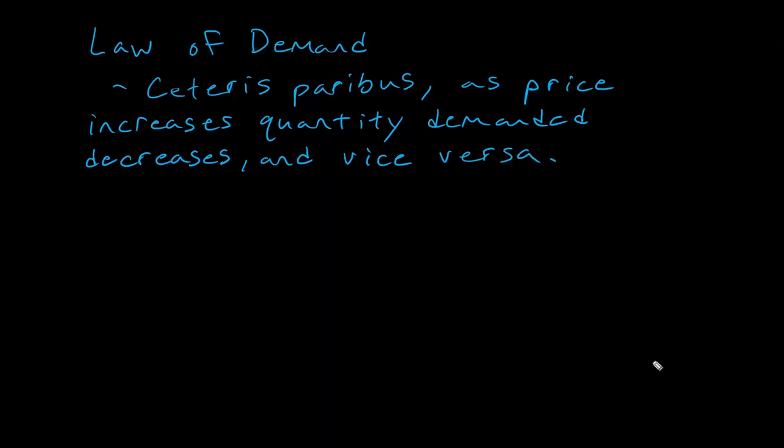And we can kind of write this out. The law of demand, instead of putting it in words, we would put it in symbols, right? We could say price, that's what the P stands for. So as price increases, Q with a subscript D, that's quantity demanded, decreases. And we could take it out further: as price decreases, quantity demanded increases.